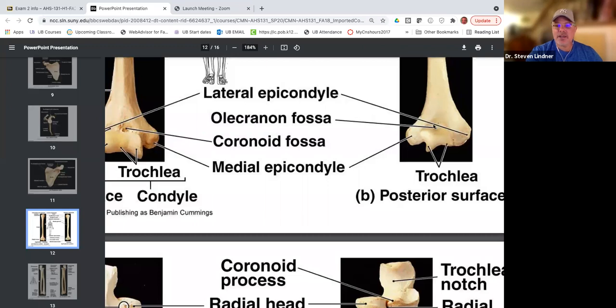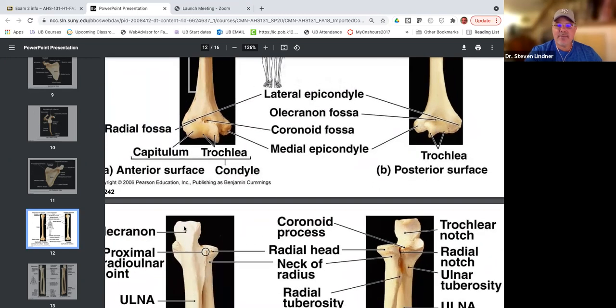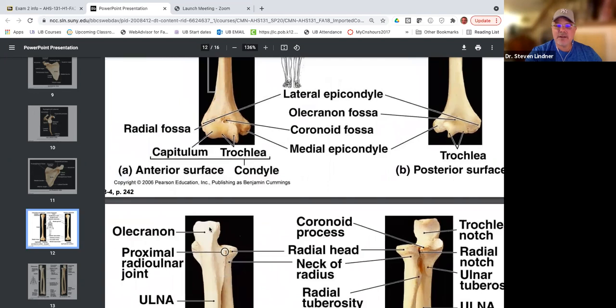So it's going to hook into the distal end of the humerus into that olecranon fossa. So again, the olecranon process of the ulna is going to articulate with the olecranon fossa of the distal humerus.